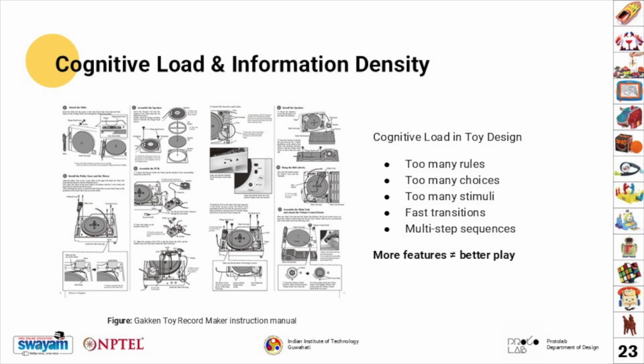Children perform much better when they can recognize what to do instead of recall what to remember. A visible shape cue is easier than remembering a rule. An icon is easier than remembering instructions. So when interaction depends on remembering sequences, the child is not learning the toy. They are managing memory.